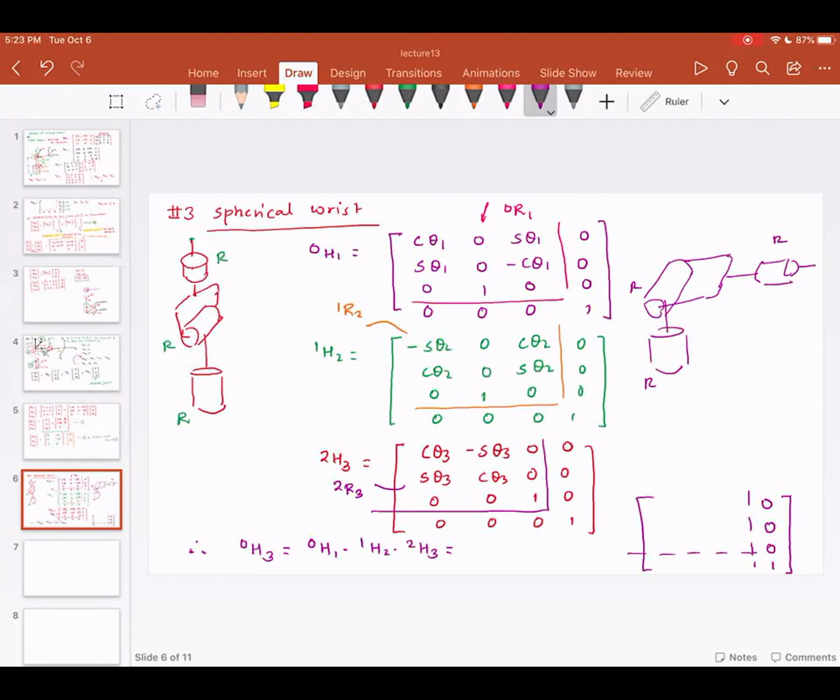So what this tells me is Px is equal to 0, Py is equal to 0, Pz is equal to 0.